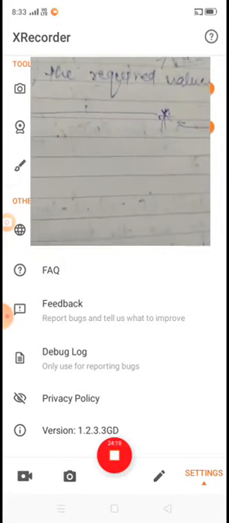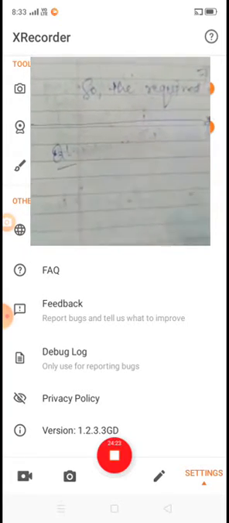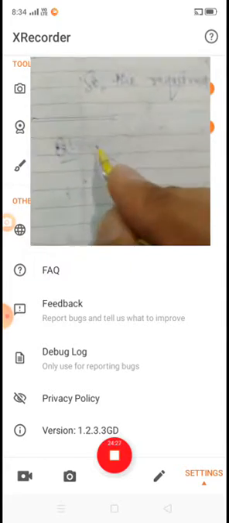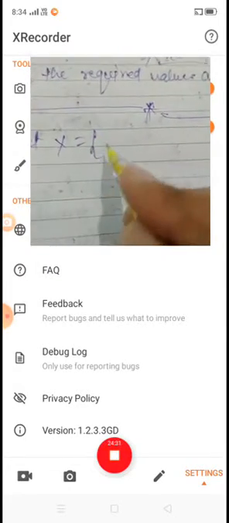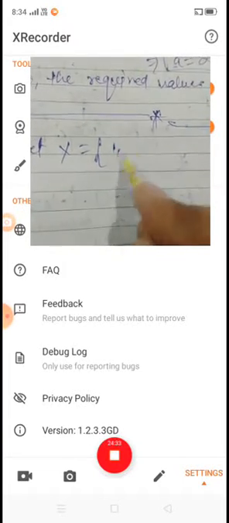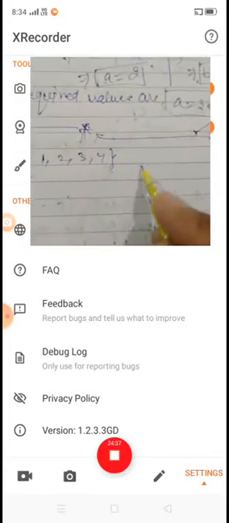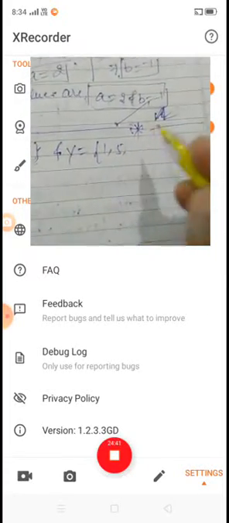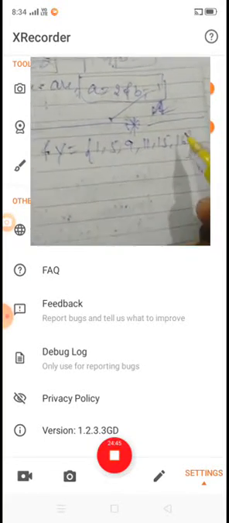Now we take some questions of your NCERT exercise. Let's see. Let set x be given by 1, 2, 3, 4, okay, and another set y is equal to 1, 5, 9, 11, 15 and 16.